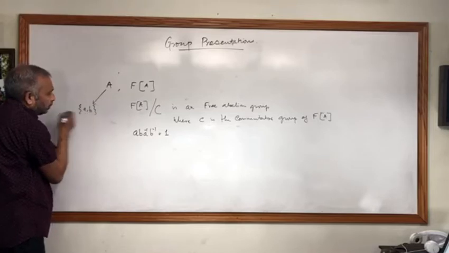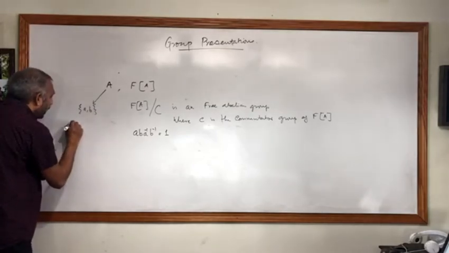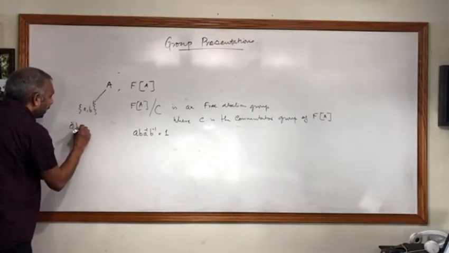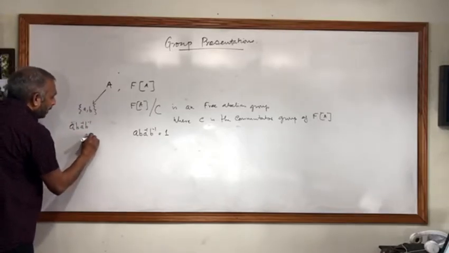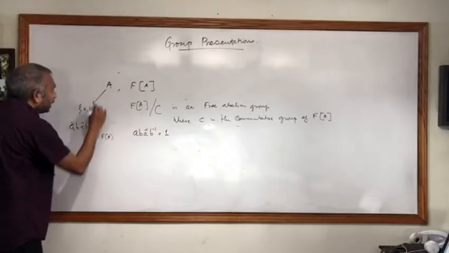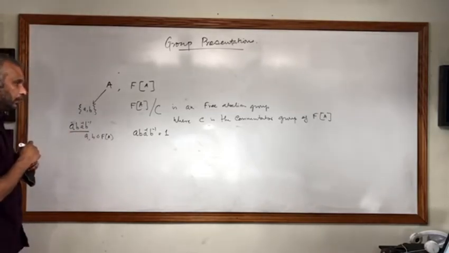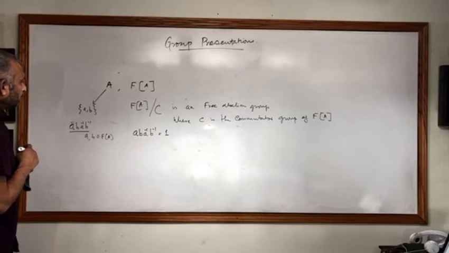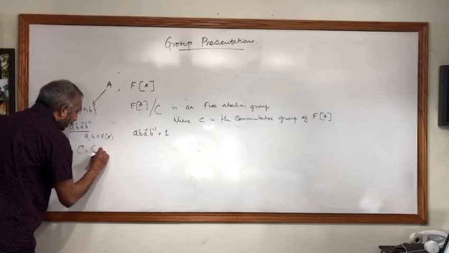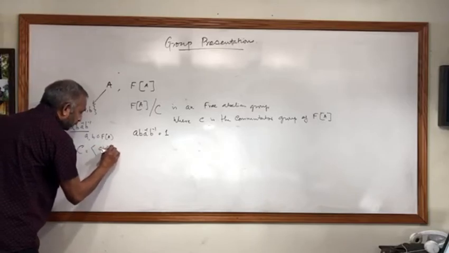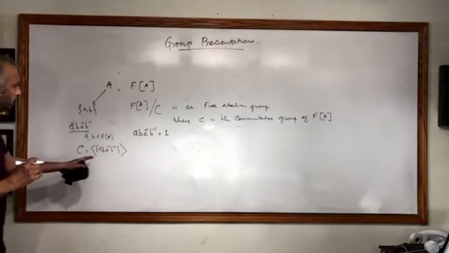So this C is generated by the elements of the form A B A inverse B inverse, where A and B belong to F of A. In this case, because it is generated by these elements, I can write C as generated by elements A B A inverse B inverse, where A and B belong to F of A.